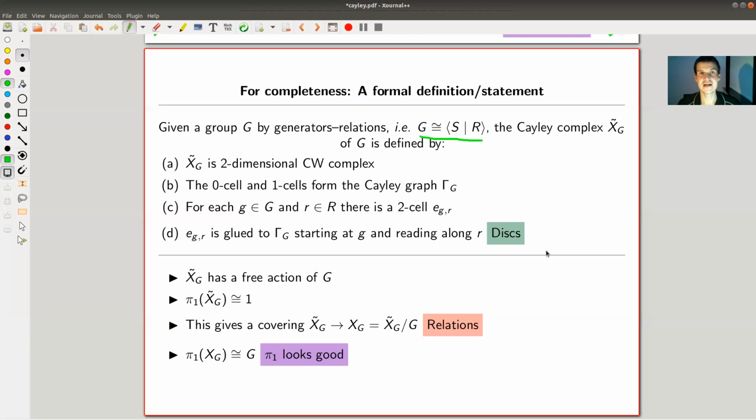Take your group given by generators and relations, and you construct this Cayley complex, X tilde, which is a two-dimensional CW complex, by using as one skeleton the Cayley graph, and then gluing in the two cells along the relations. For each g and each relation, you glue in a corresponding two cell.